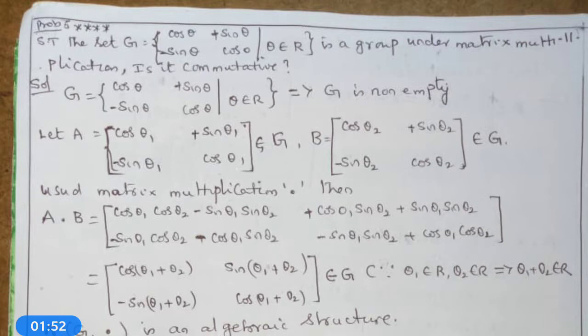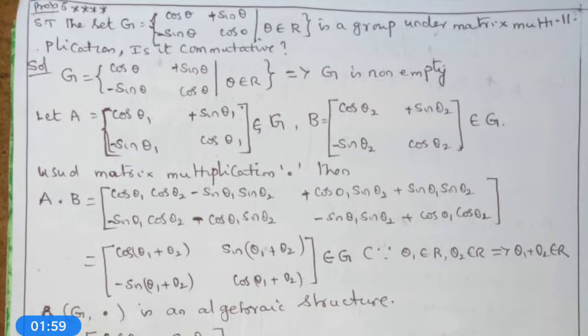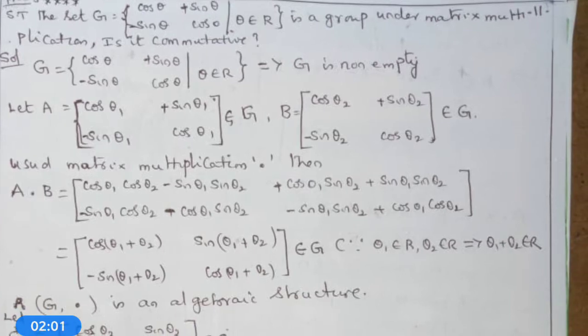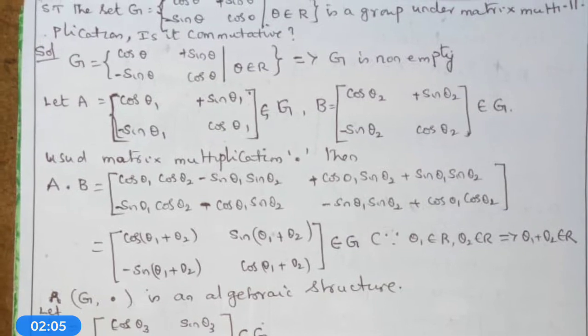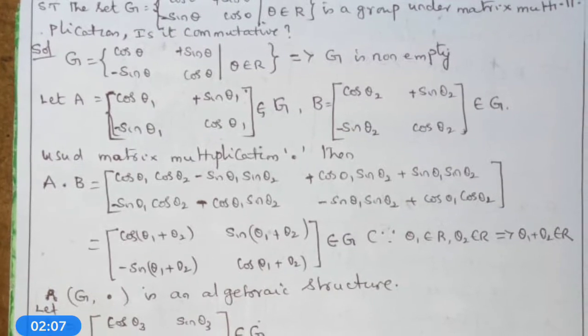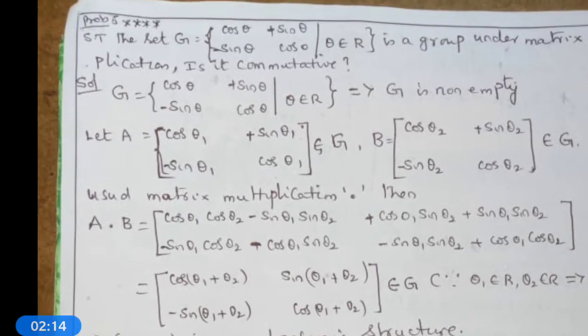In this case, what is G? G is the set of 2 by 2 matrices cos theta, sin theta, minus sin theta, cos theta, such that theta belongs to R. This implies G has at least one 2 by 2 matrix. Therefore G is non-empty.